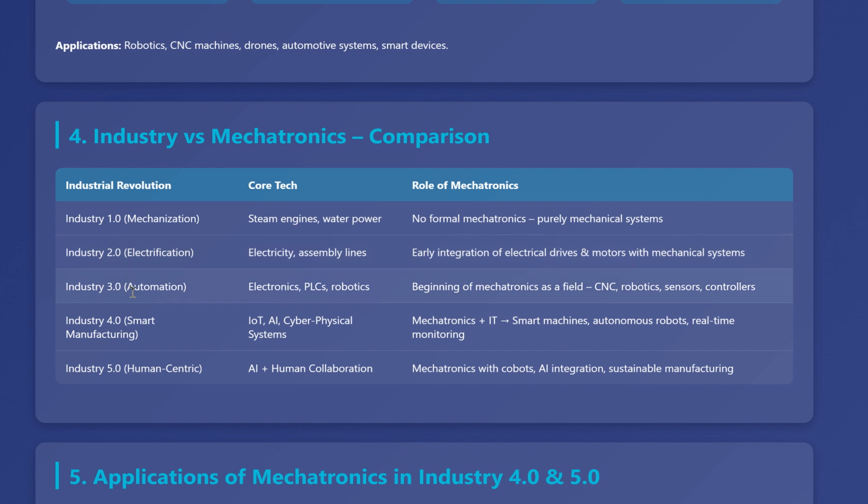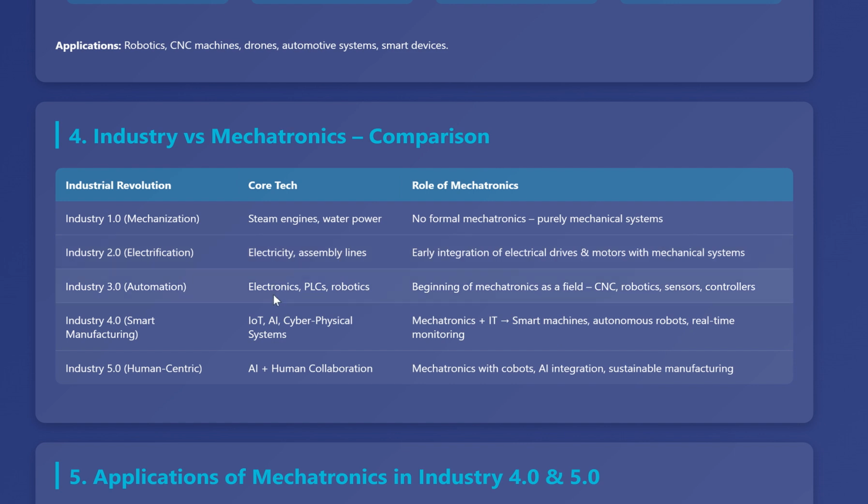Then you have Industry 3.0. We call it automation. After steam engines and water power, Industry 2.0 developed electricity to power motors, and even assembly lines to ensure there is mass production.